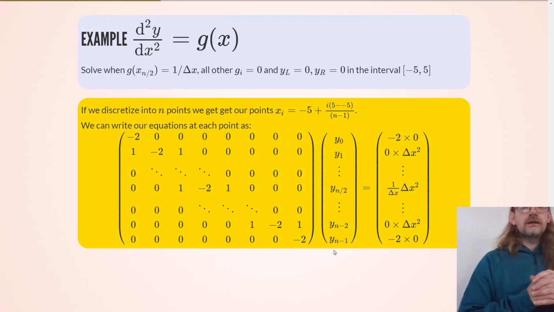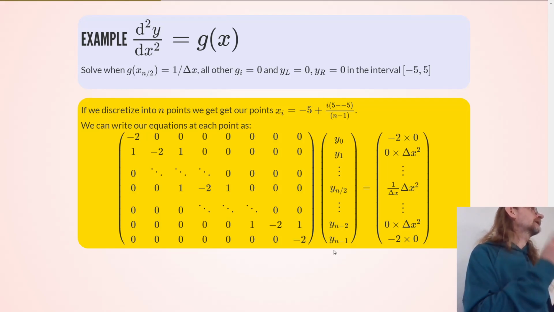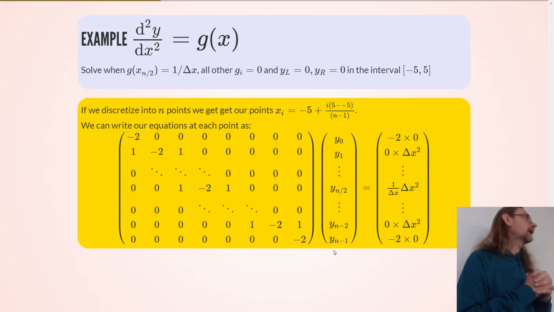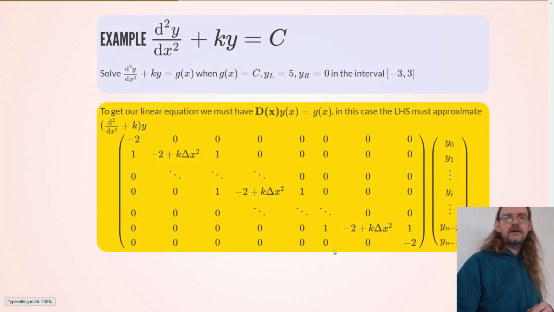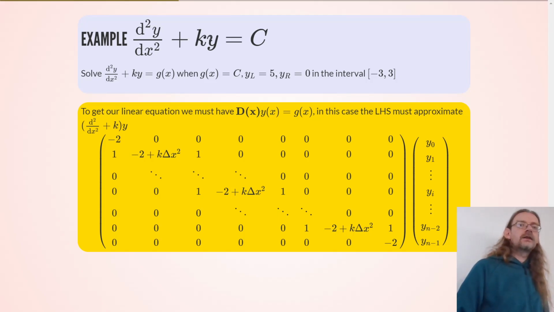That means numerically you can solve any second order ordinary differential equation that's basically a second derivative equal to some function of x. Don't need any new code. We don't need anything new. It's all there. And we could add in terms that are first derivatives or functions of y.